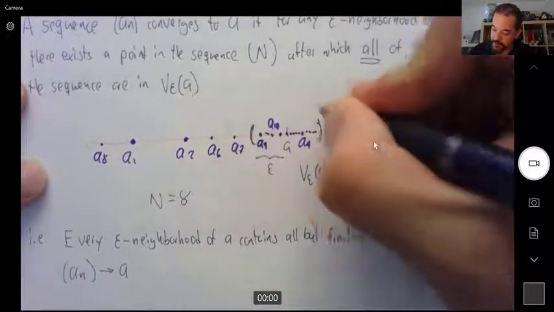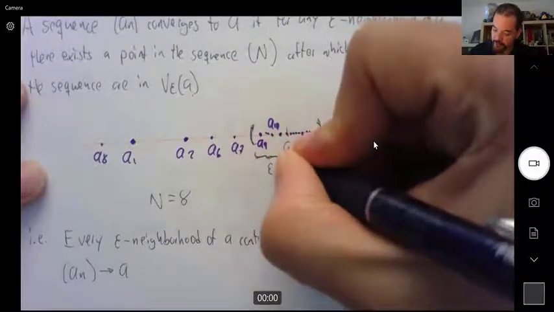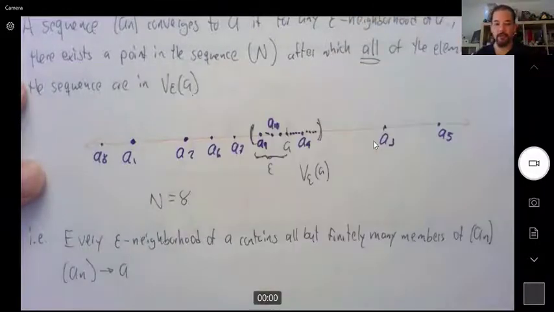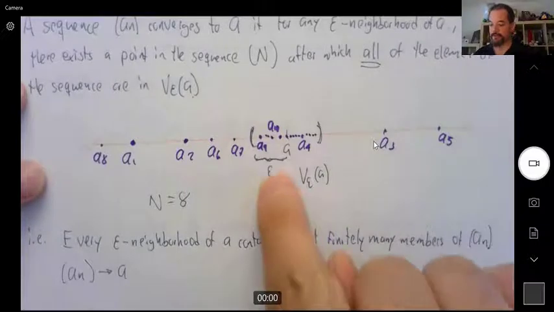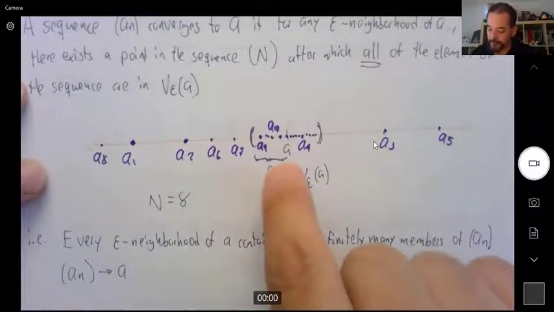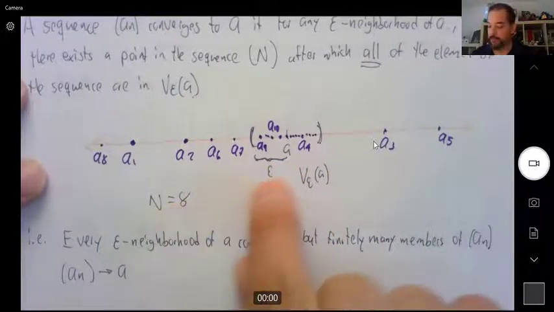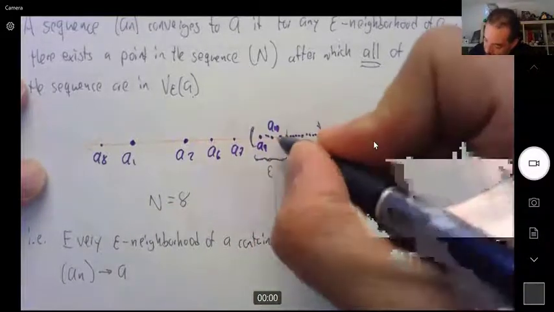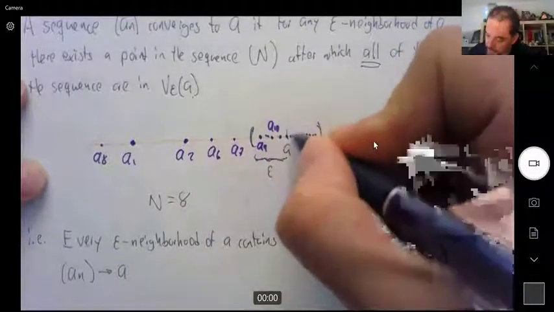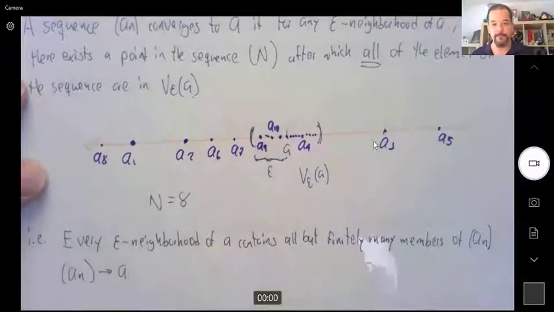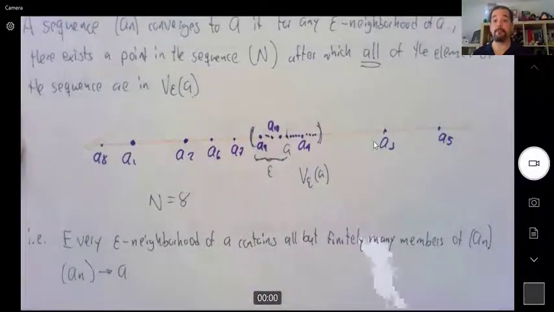I don't know what it is, because I didn't put a scale on my axis. But whatever this epsilon is, for this epsilon, this n works. If I give you a different epsilon, if I make it even smaller, then maybe you need to pick a bigger n.